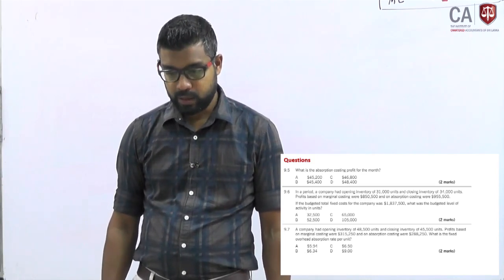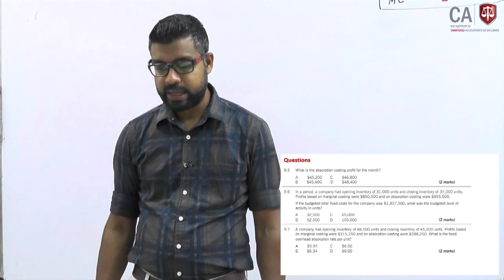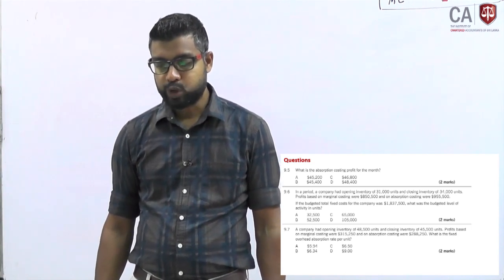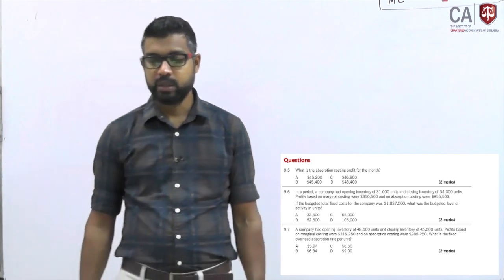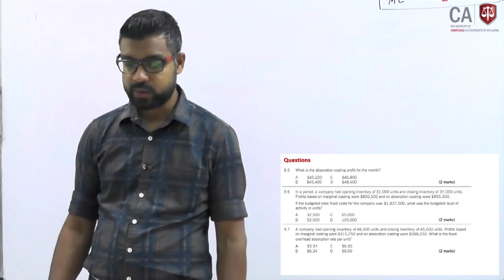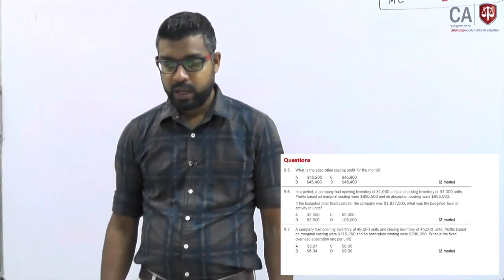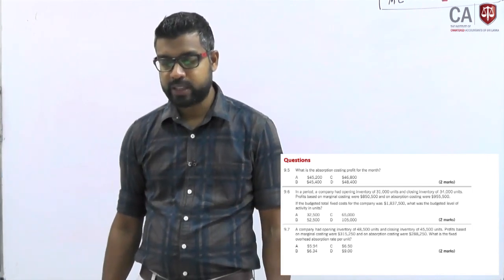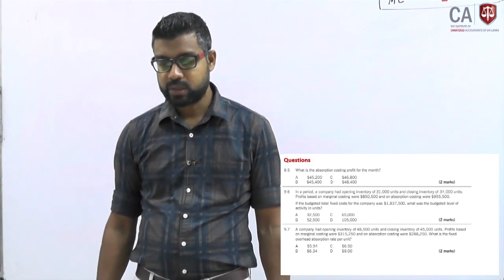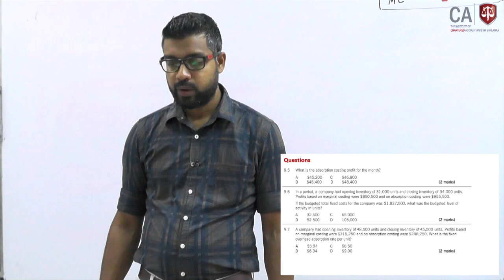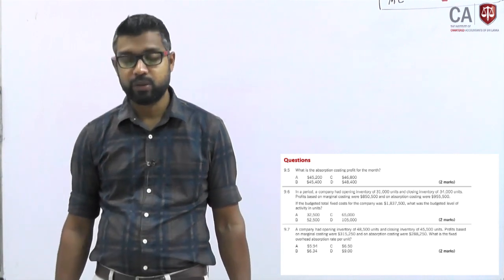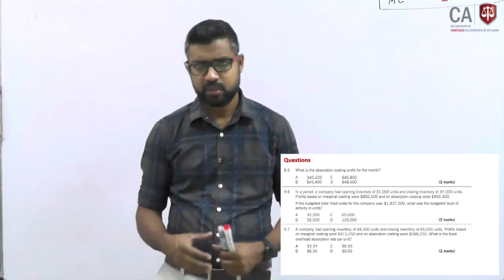Profit based on marginal costing 850,500 and absorption costing 955,500. If the budgeted total fixed cost of the company was 1.8 million, what was the budgeted level of activity, in units?